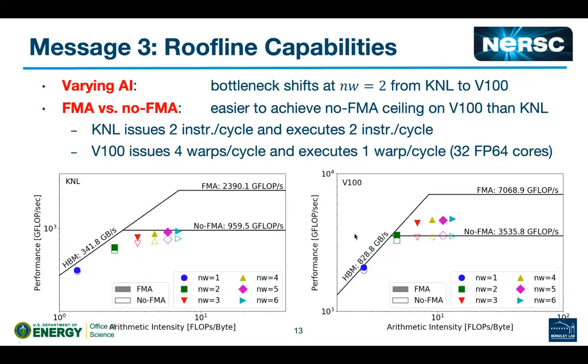So on K-now, you can issue 2 instructions per cycle, and you can execute 2 instructions per cycle. On V100, you can issue 4 warps per cycle, and you can execute 1 warp. So here we're talking about double precision operations. So there are only 32 FP64 cores, so you can only execute 1 warp per cycle. And so you can see the difference between the issue bandwidth and the execution bandwidth.